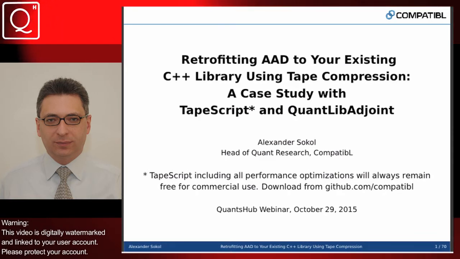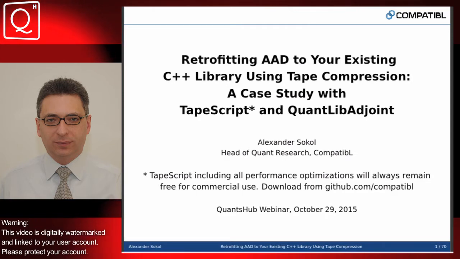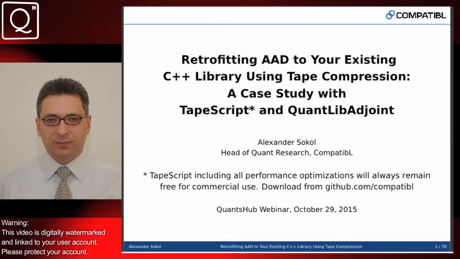Namely, not of two examples, but actually trying to get your production library to run on AAD. However, recently we've discovered a technique called tape compression. Tape compression conceptually is the idea of compressing the tape, namely reducing the tape size not through changing your code, but through changing the code of the AAD library, such that it just doesn't generate a large tape.